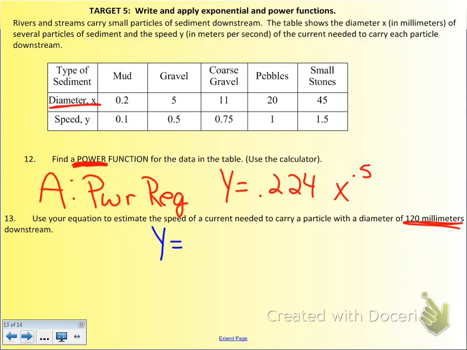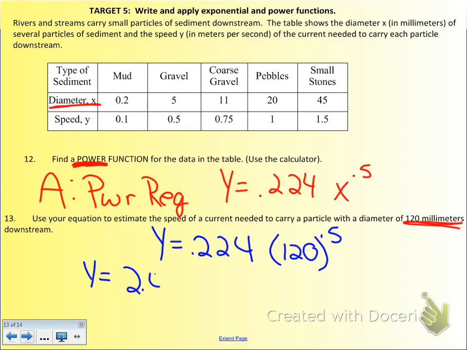So we do y equals 0.224 x, which is 120 to the 0.5 power. And then you plug that all in your calculator, and we get y equals 2.45. And this is our y, so that is our speed, so meters per second.